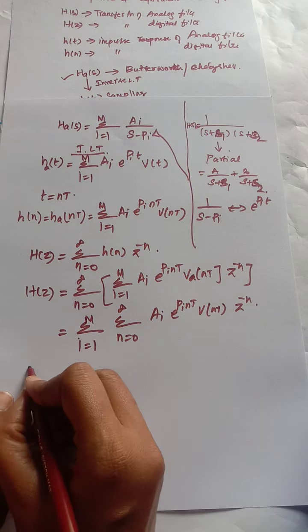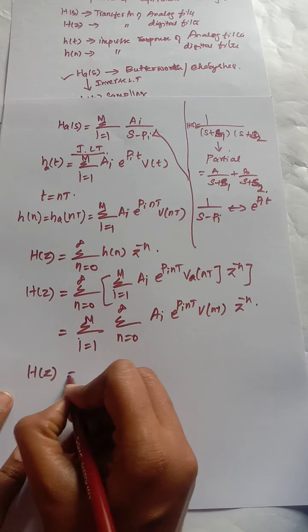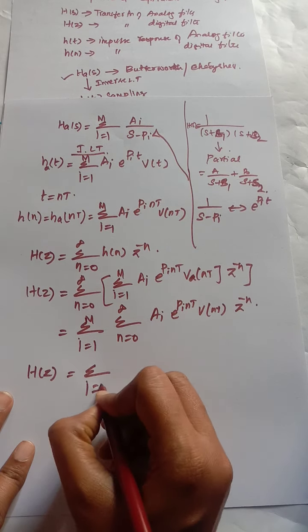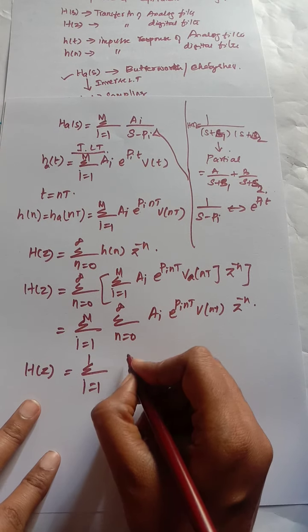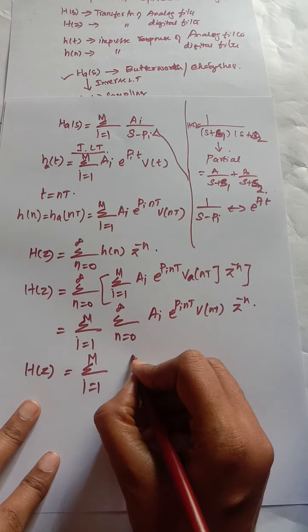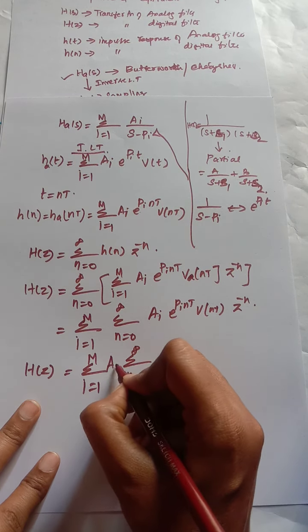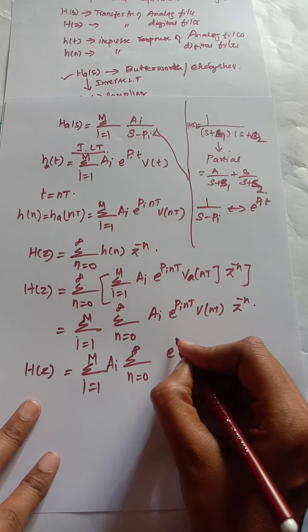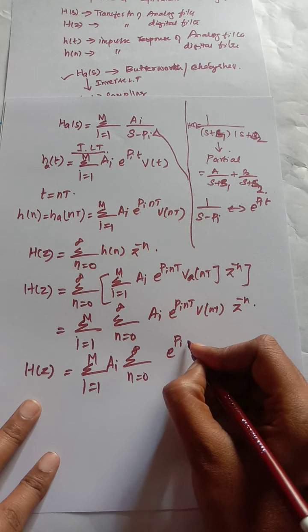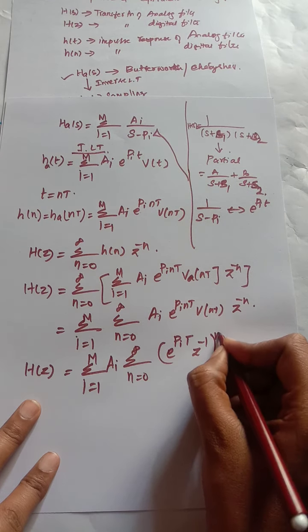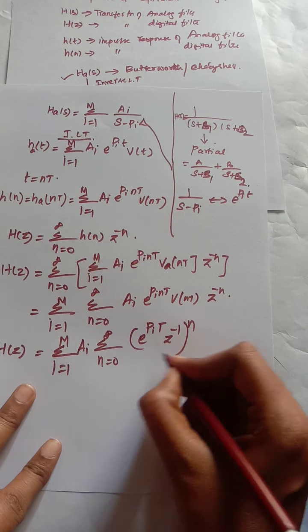Now for this H(z), I am going to apply the formula. The summation i = 1 to M, summation n = 0 to infinity, take a_i outside, e^(p_i T), u(n) is 1. So z^(-n) can be written as the power whole power n.